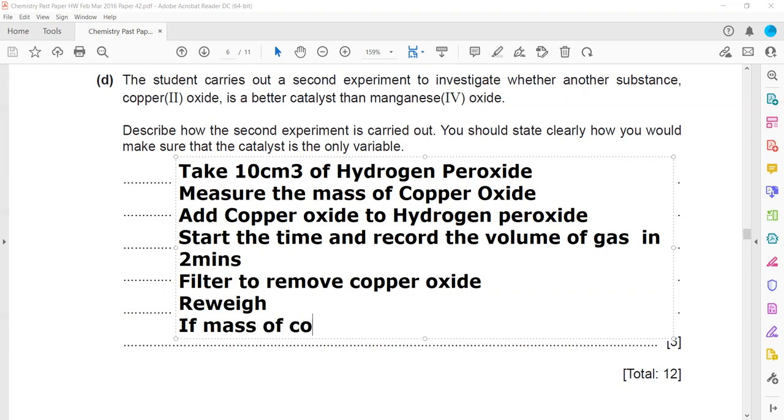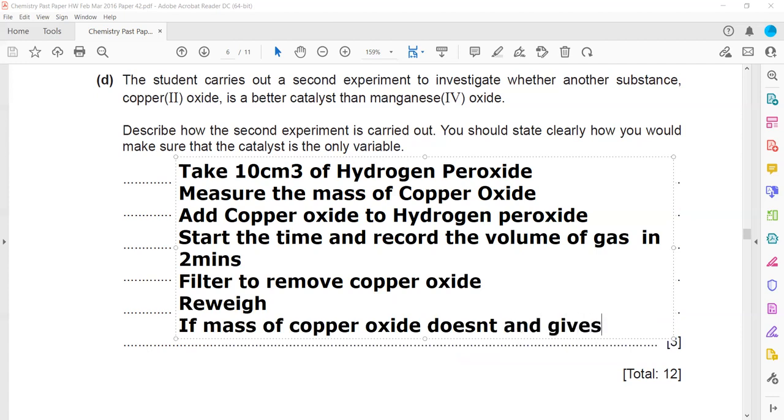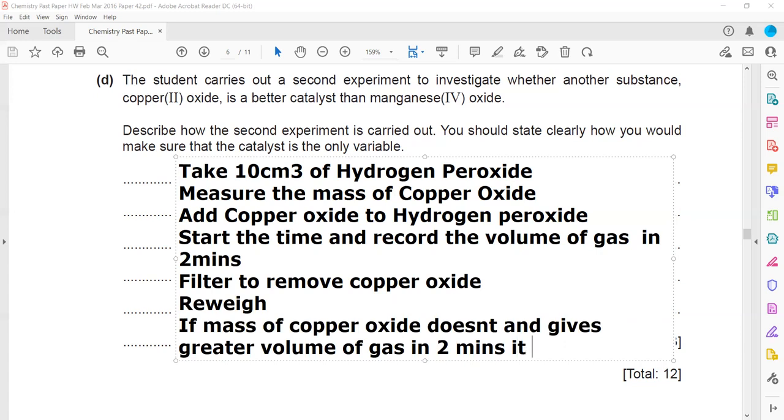If the mass of copper oxide does not change and it alters the volume of gas given off, or it gives out a greater volume of the gas in 2 minutes, it shows that copper oxide is a better catalyst.